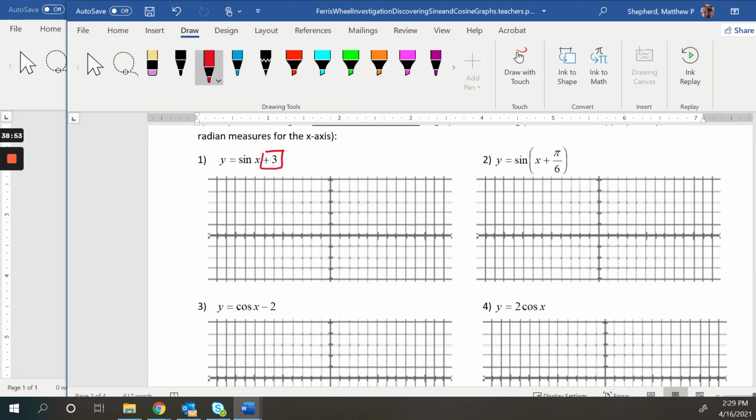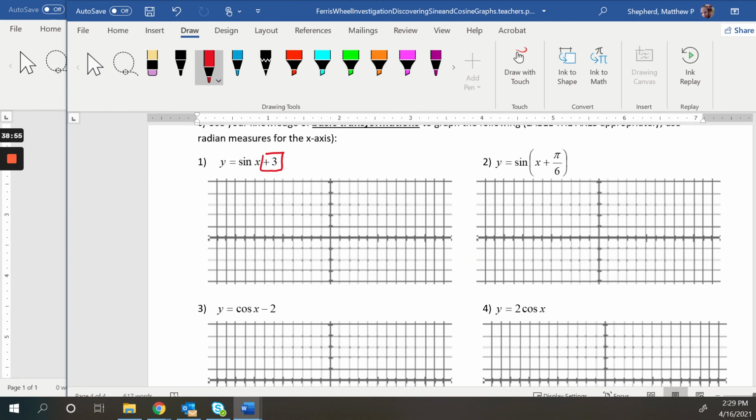So if I were looking at that table that I've already made in this graph, I could say, all right, if this is counting just as 1, 2, 3, I started out at 0. Well, 0 plus 3 is 3. And then for sine, I went up to a half, so then I'd be up at 3.5.